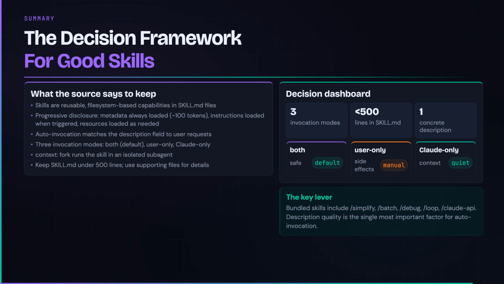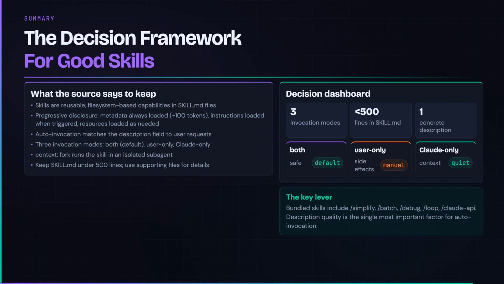The decision framework is simple. If you need a reusable workflow, put it in SKILL.md. If you want Claude to choose it automatically, make the description concrete. If the workflow is safe and general, leave both invocation paths on. If it has side effects, make it user-only. If it should guide Claude quietly, make it Claude-only.